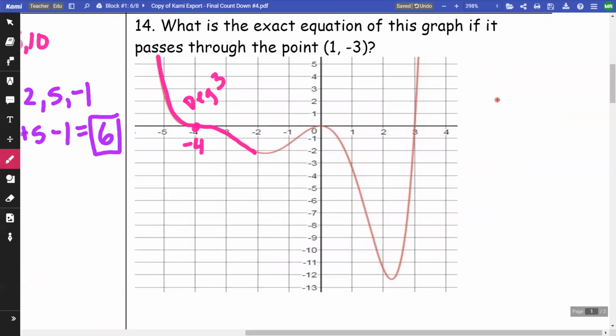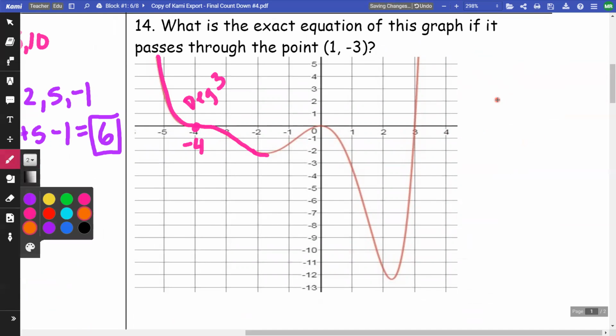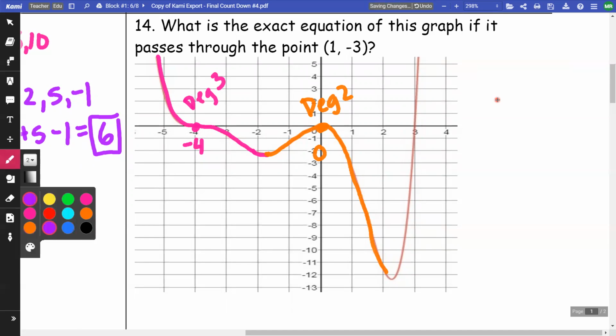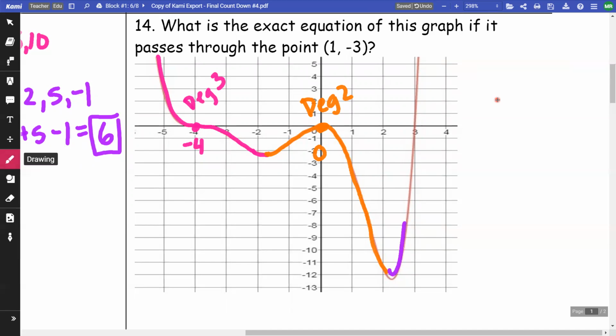Okay, so then as I'm coming over here, I then have another x-intercept at 0. And what happens here is it doesn't go through, it bounces back. And so that means that this is a degree 2. And then it comes and it goes through. So I've got it here at 3. Let me just write my 3. It goes straight through. So that means that's linear, that's degree 1.